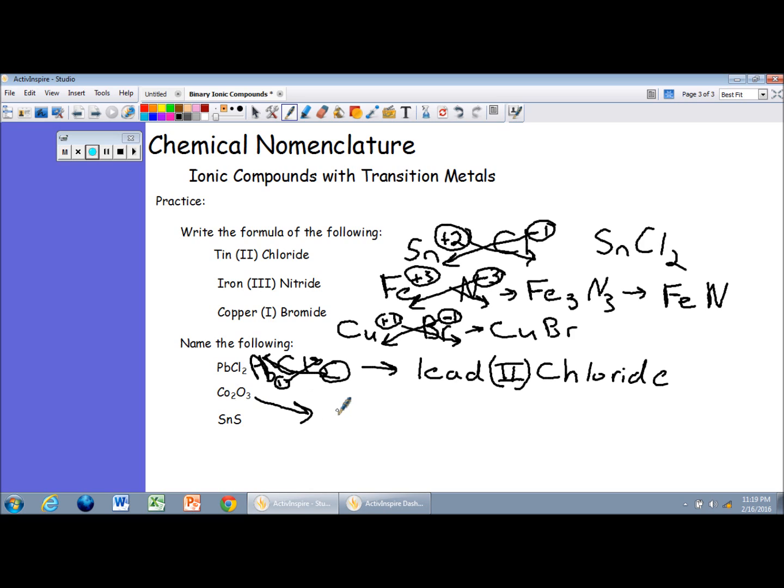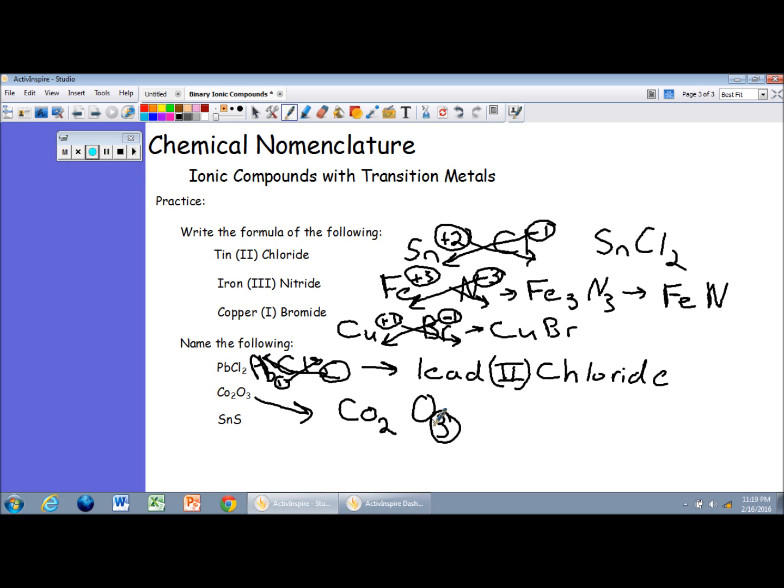So I'm going to move to Co2O3. Remember, this is C little o, not C big O. So we're looking for a metal that's C little o. It has a subscript of 2. The oxygen has a subscript of 3.